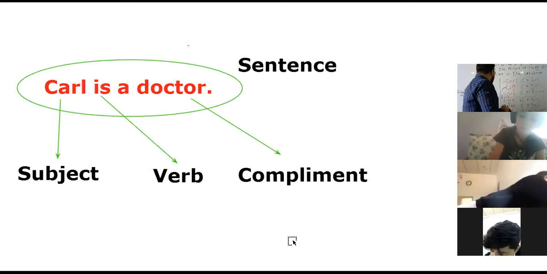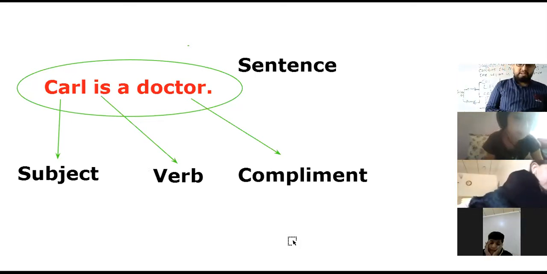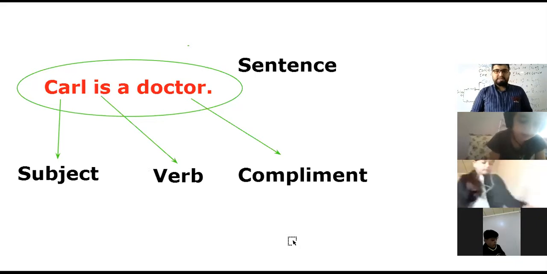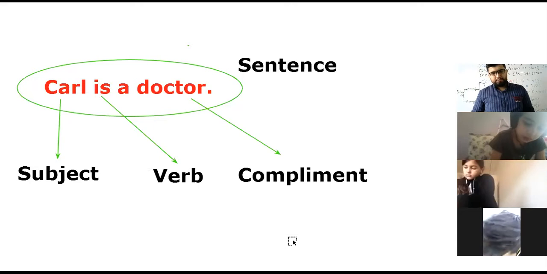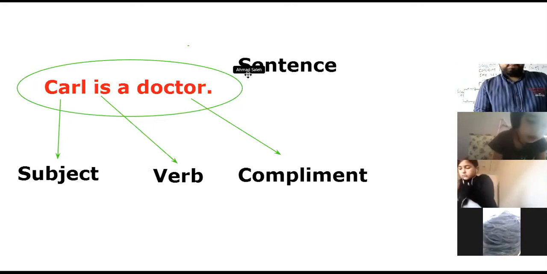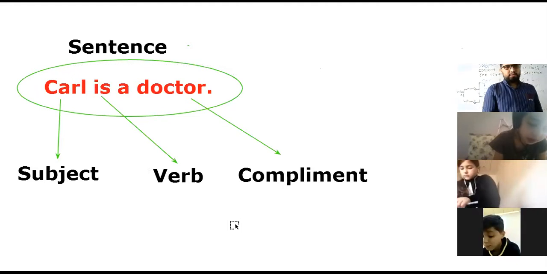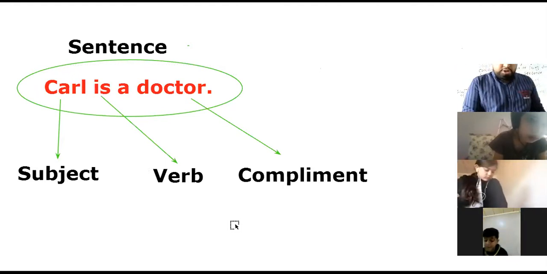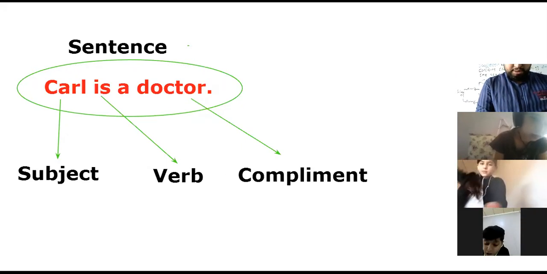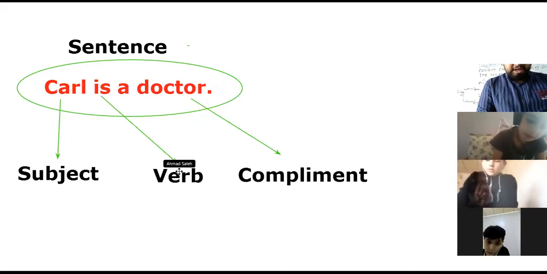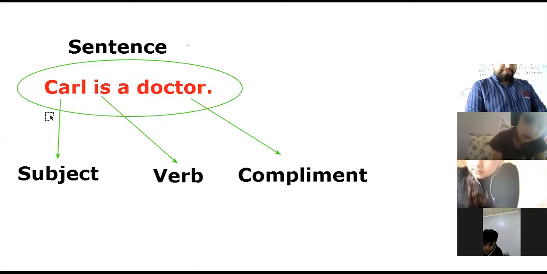We call all of it sentence. We call these sentence. I'll take a picture and send it to you. You have to write this on your notebook, like that, just like that, exactly. Write it exactly like that.